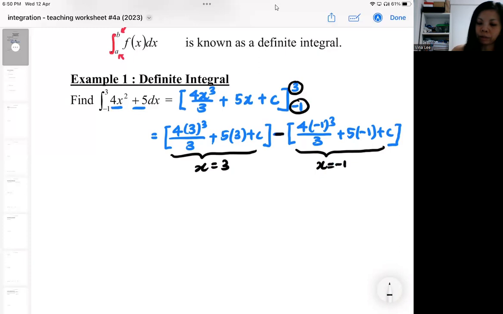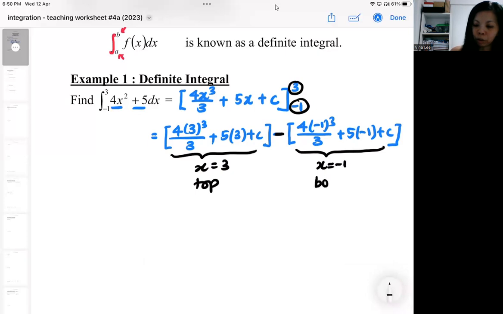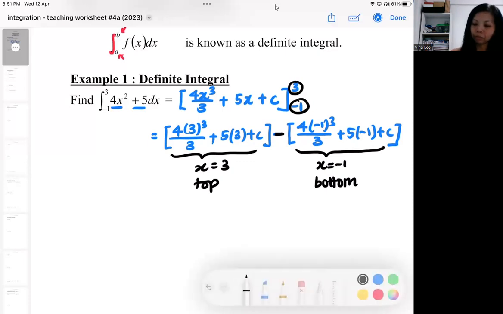And then I'm going to subtract. In a way, I will call it top minus bottom. So you do a top minus bottom after you integrate. You put in the top number, you put in the bottom number, and then you subtract off. So it's always a subtract.